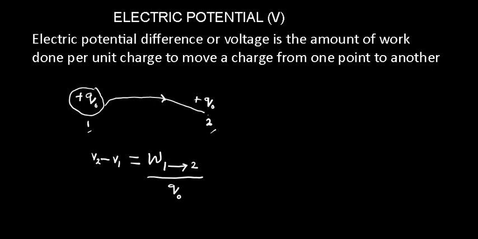Now, looking at this, you see that work done is measured in joules, capital J, and the charge is measured in coulombs. That is to say that the unit of potential difference is joule per coulomb. You can also have it as volts, capital V.